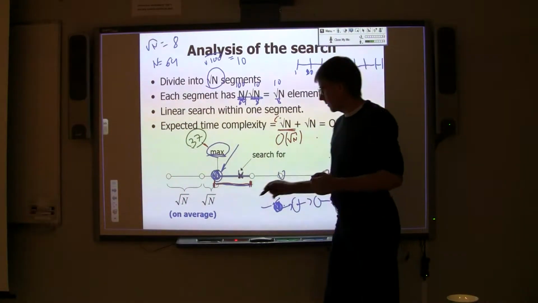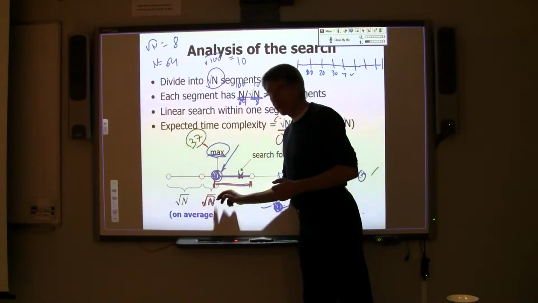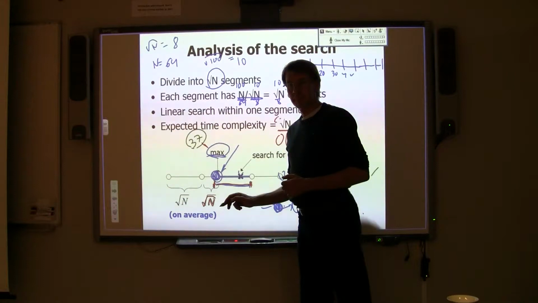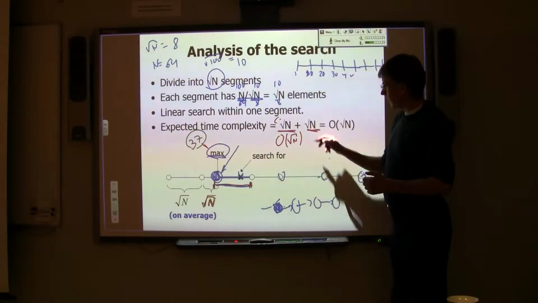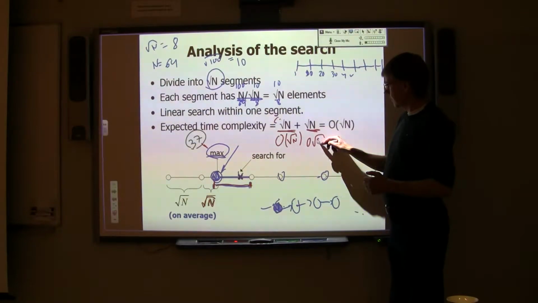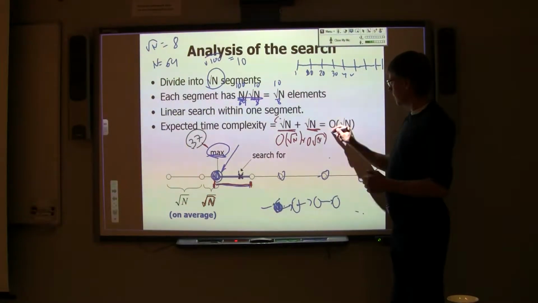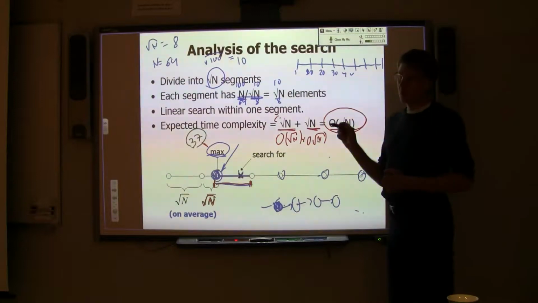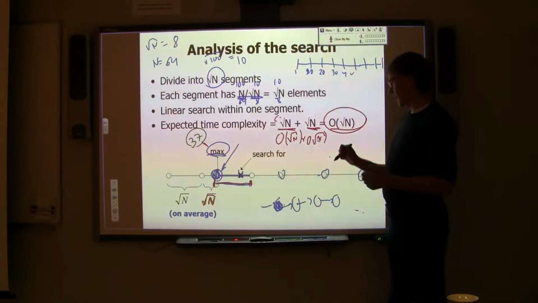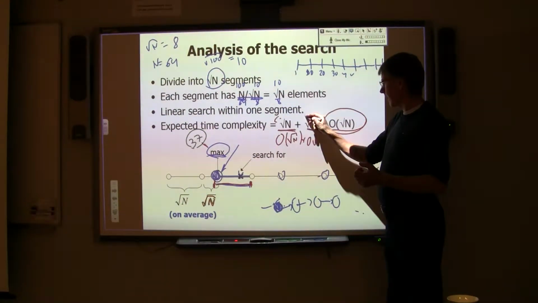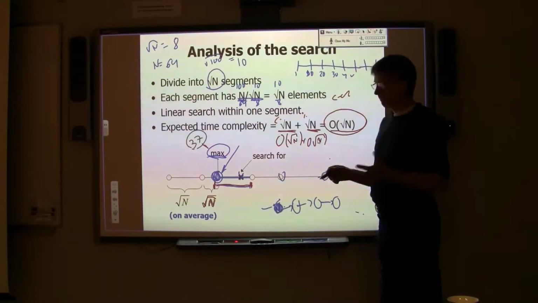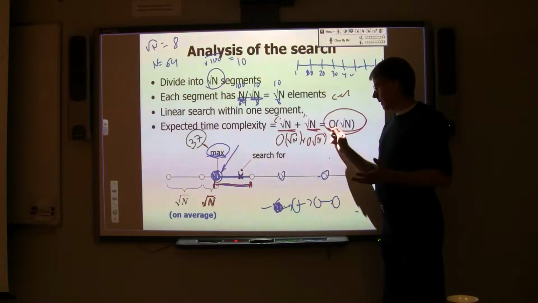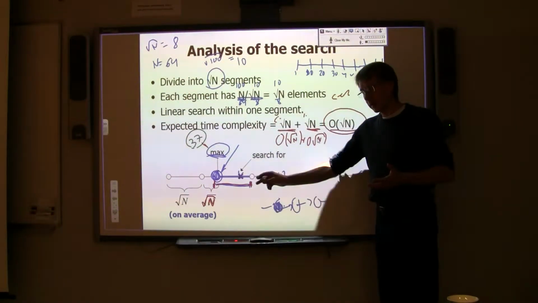And my segment length is square root of n. So then the linear search here also takes order square root of n times. And if I sum these two up, the total result will be order square root of n. So basically it's c plus 1 times square root of n, so it's some constant, if that length is square root of n.